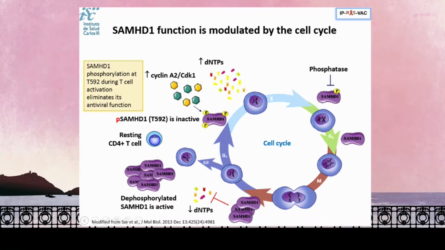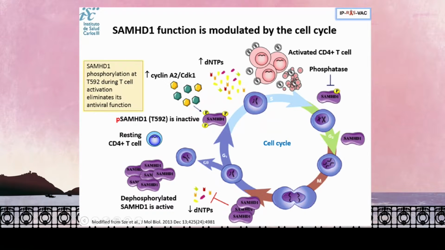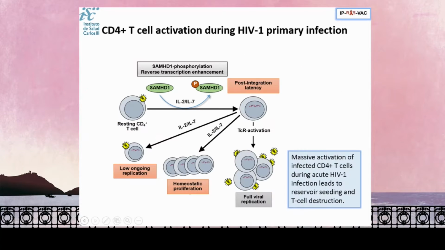But once the cell cycle progresses and the T cell enters an activation state, different cyclins and CDKs form that are able to phosphorylate SAMHD1 at a specific residue, threonine 592, and then it becomes inactive. At this point, the T cell enters the cycle, it gets activated, and HIV-1 can efficiently produce infection. This is mostly because the dNTP pool is increased, and then reverse transcription is efficiently produced, and after that, the provirus is integrated.